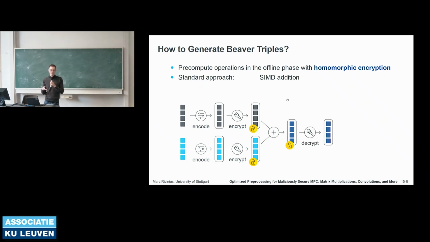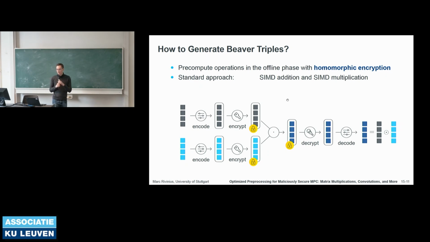You get another encrypted vector, you decrypt it, decode it, and here you get the sum, but we want to do that for multiplication, so we do some ciphertext multiplication in the middle, and we would get at the end a component-wise product. So we can use this for standard Beaver triples.